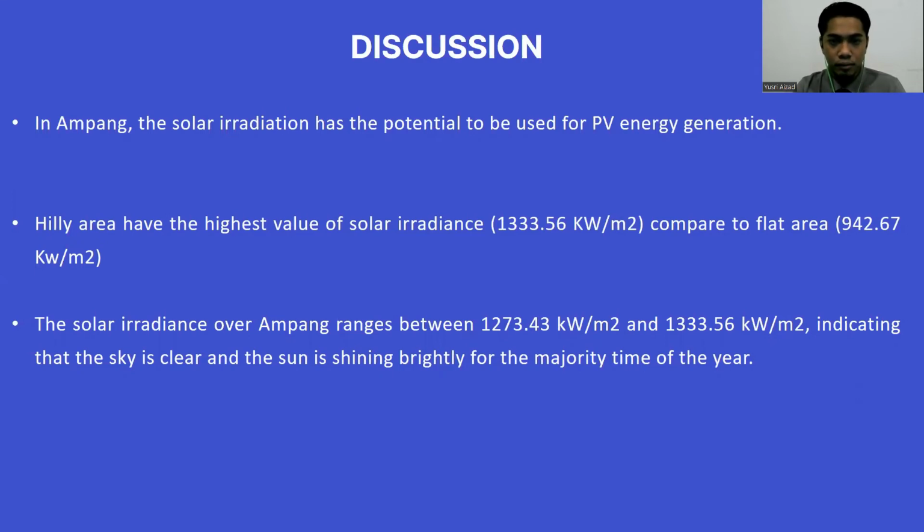According to the research that has been made, the best PV energy generation site is in the scale of 1200 until 1300 kilowatt per square meter. So in this case, the hilly area has the best potential, which is included in the best site for PV energy generation. That's all from me.